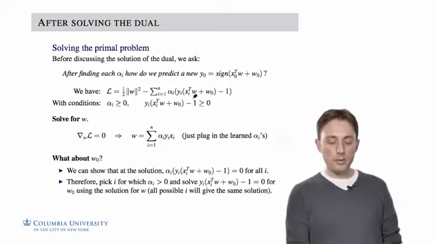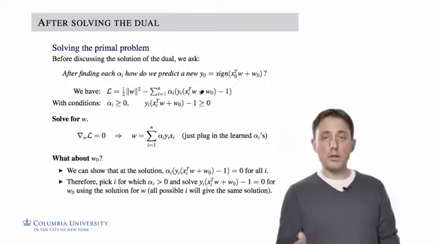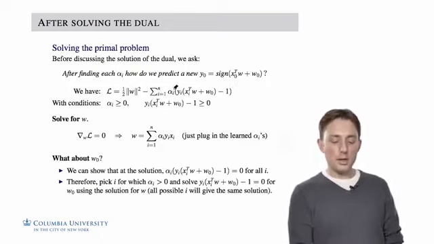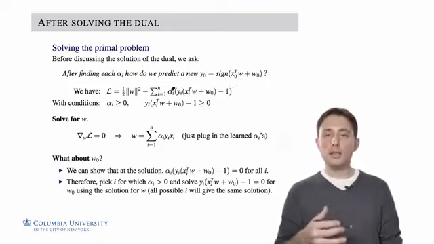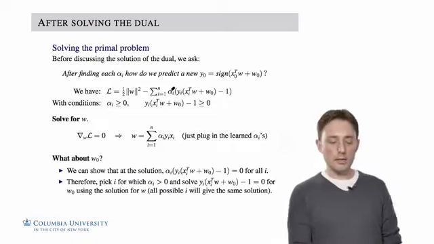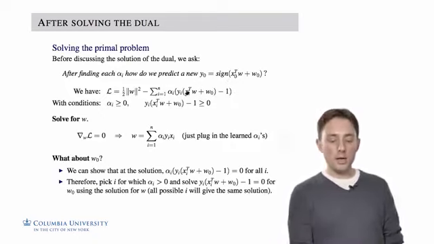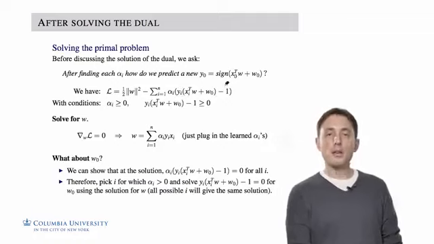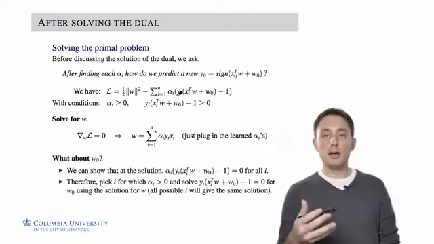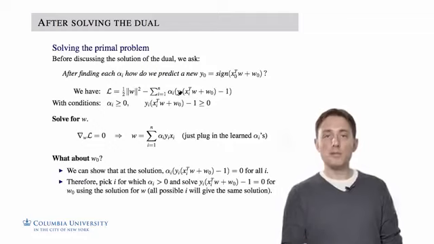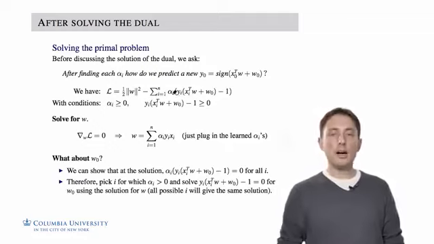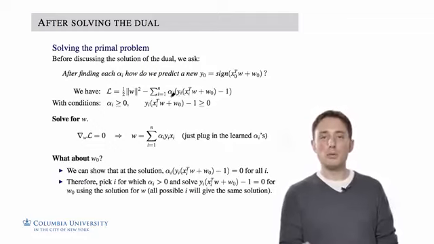Notice that if this is greater than 0, then any non-zero value for alpha that's positive will make this objective lower. Remember, we want to maximize this thing over alpha. And so if this term here for a particular i is positive at the solution, then this alpha i has to equal 0.